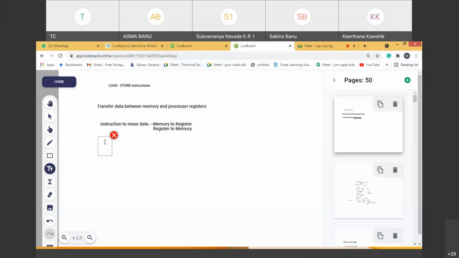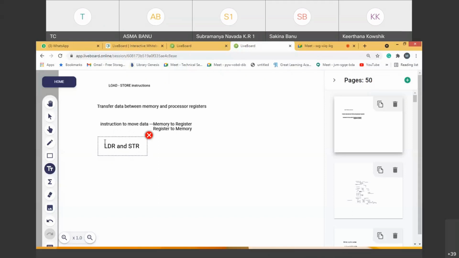There are memory locations on which I need to store, or from which I should fetch the data and store it in the register. So LDR and STR are the only two instructions associated with memory when storing or loading the data.